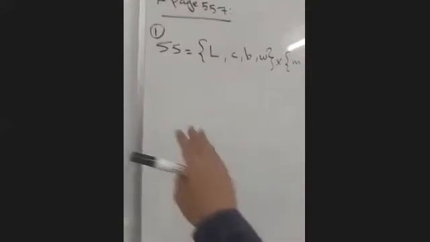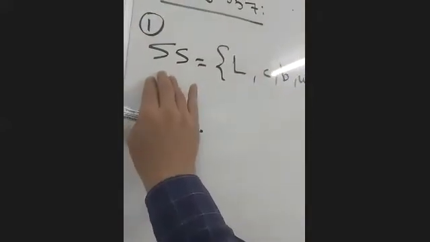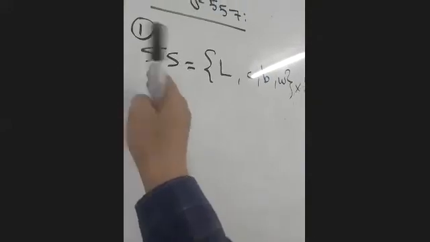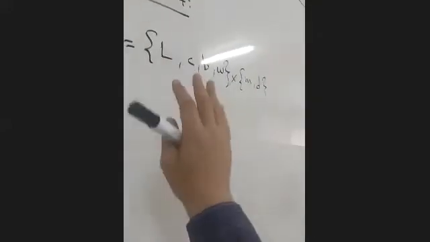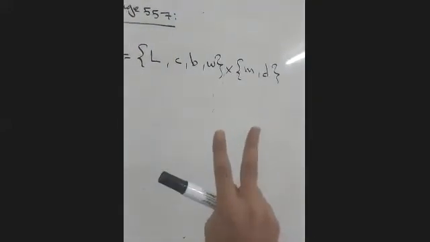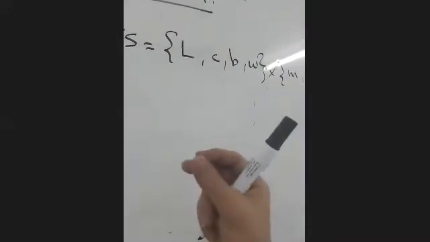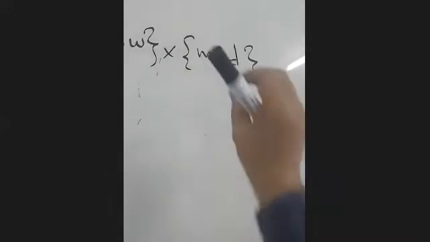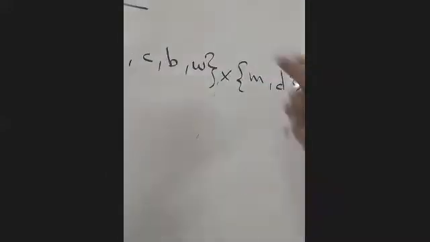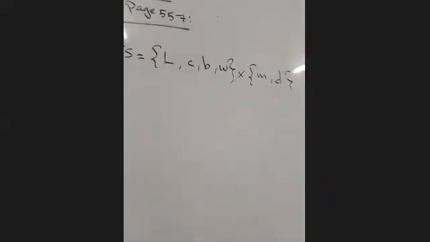Using an organized list or table, what is the sample space of possible outcomes? Good. So first, I wrote SS, which is sample space. We have an experiment with 2 steps. The first step is to choose the type of the drink. The second step is to choose the way you will make it, okay?